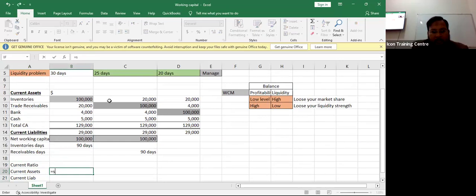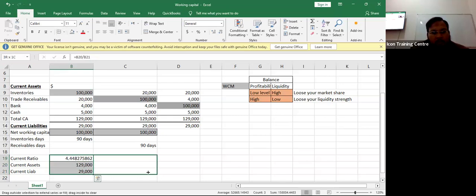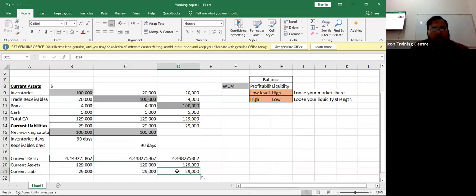So the current assets are on the right side, and the current liabilities are this. So your current ratio will be current assets divided by current liabilities. For every case this will be the same because I have only shuffled the things, right?